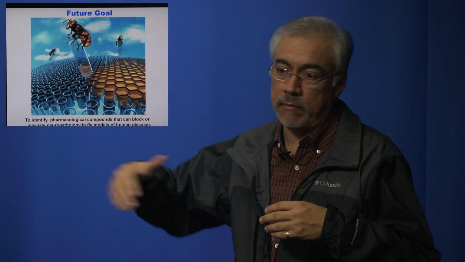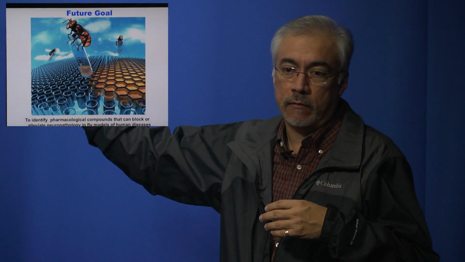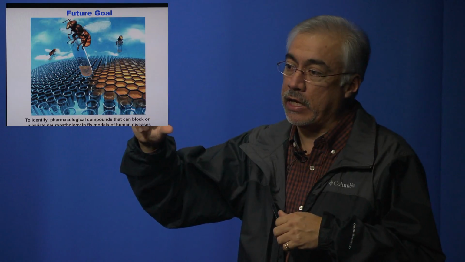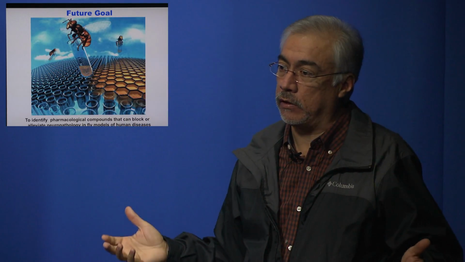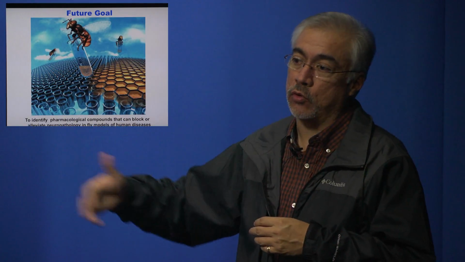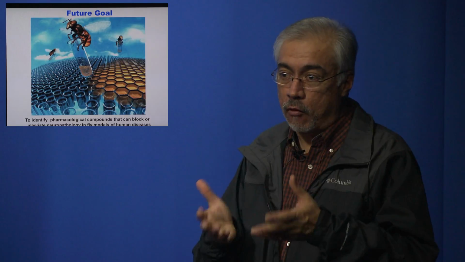We can just let them there, feed them for 2 weeks and see what happens. And let's see after 2 weeks whether now there is a vial where we can find flies that are moving perfectly. If we find something like that, then now we can go to preclinical trials, or understand the nature of that compound and what is the chemistry of that compound, and something like that. So this is where we want to go.